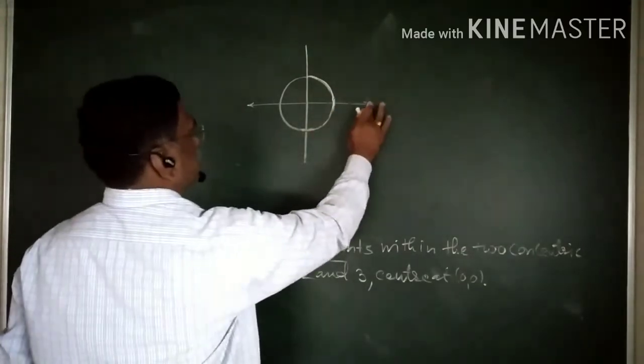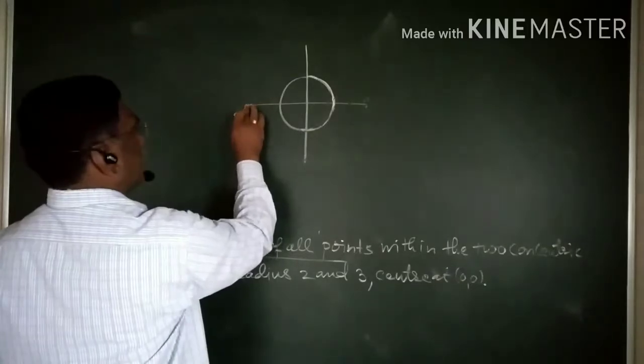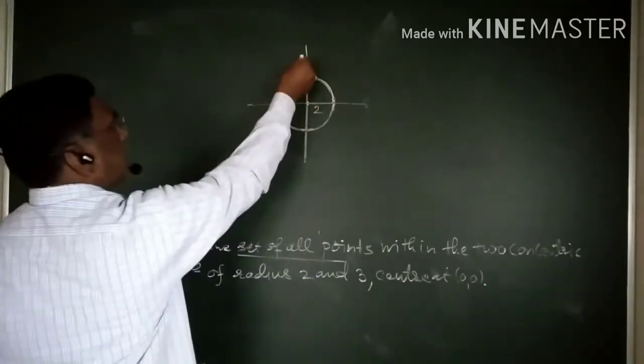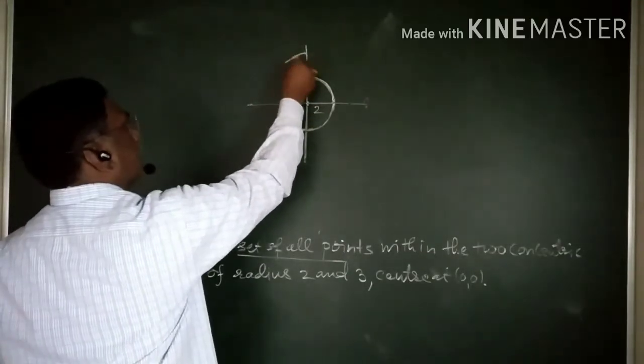Now this is one circle whose radius is 2, and then another circle is there.